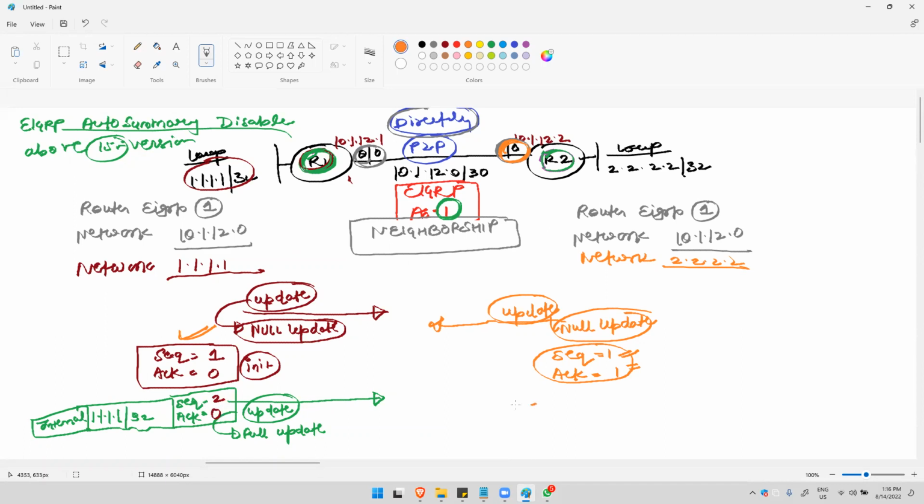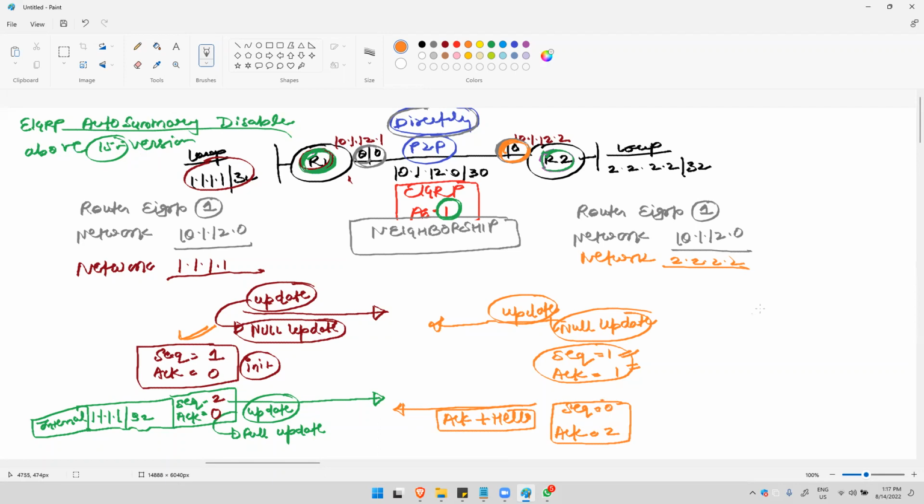And now R2 says, I'm sending acknowledge, but not alone; I'm sending it with a Hello message. So I'm sending sequence number 0, but I acknowledge your message. Which number is acknowledged, 1 or 2? 2. Done? Any issue? No. R2 will do the same.